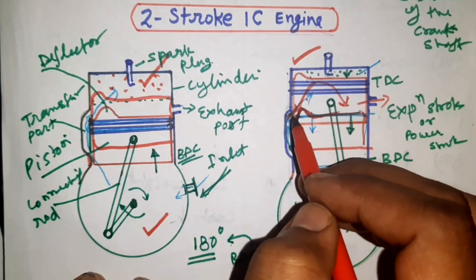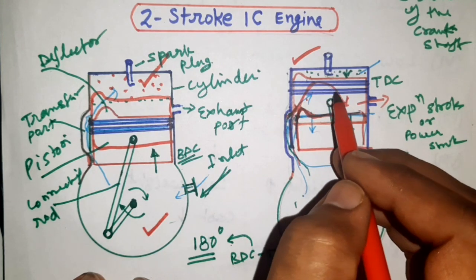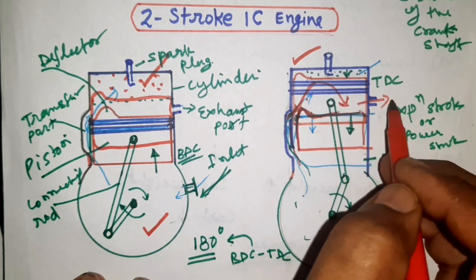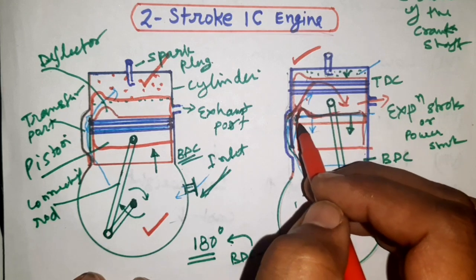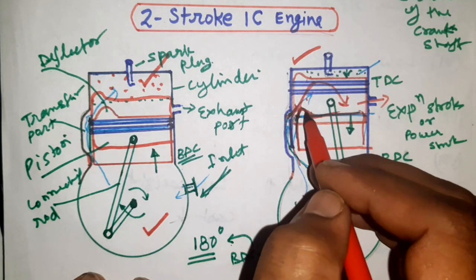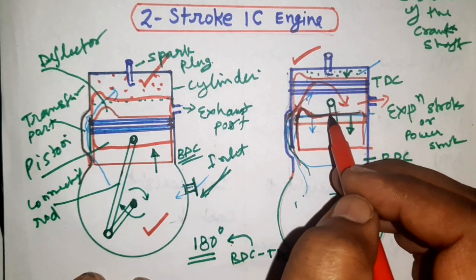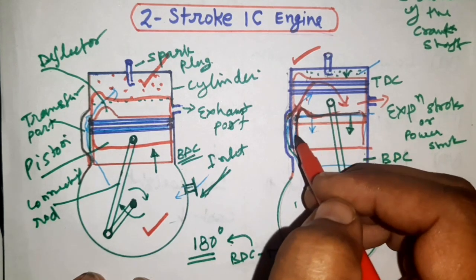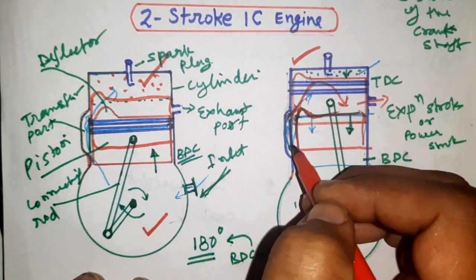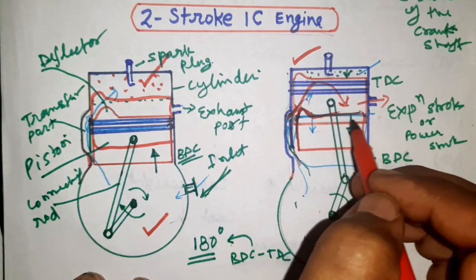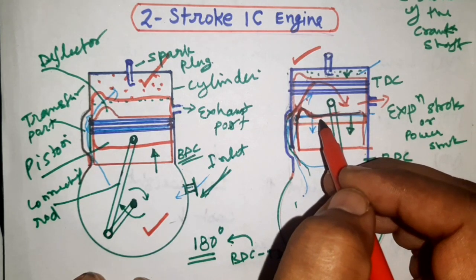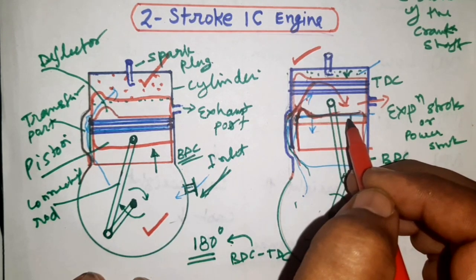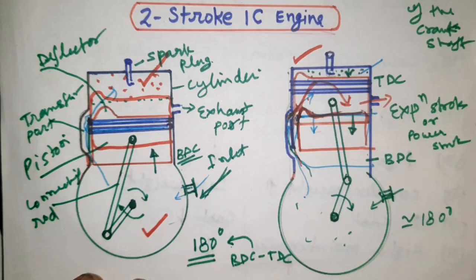Some part of the fuel may be lost via the exhaust port, so to reduce this loss we provide the deflector, which increases the path of the fresh charge and reduces the loss of fresh charge via the exhaust.